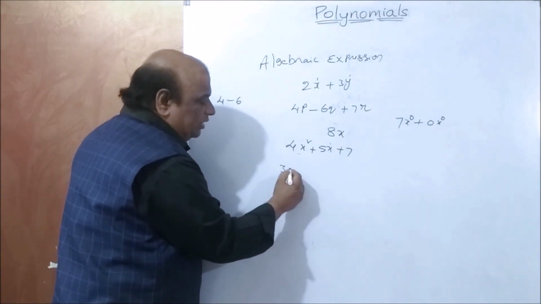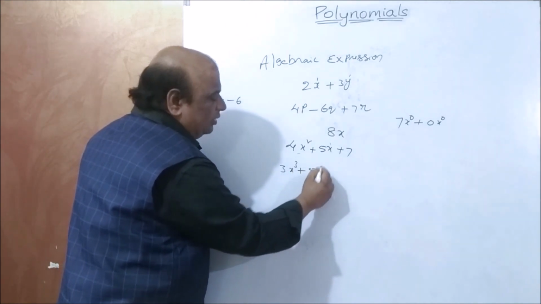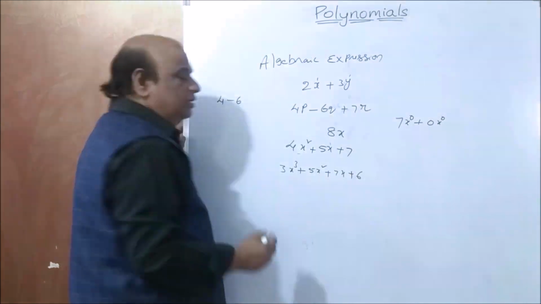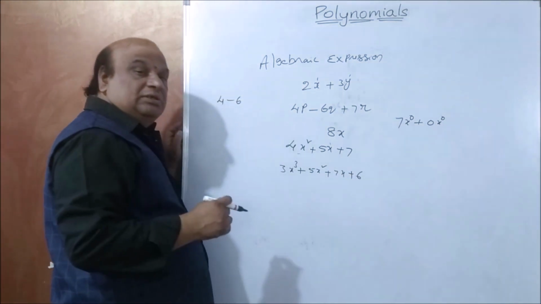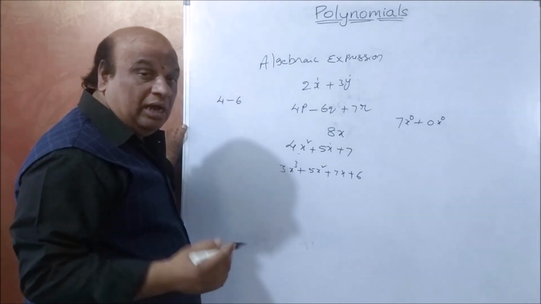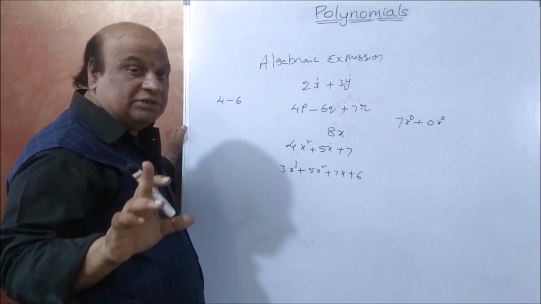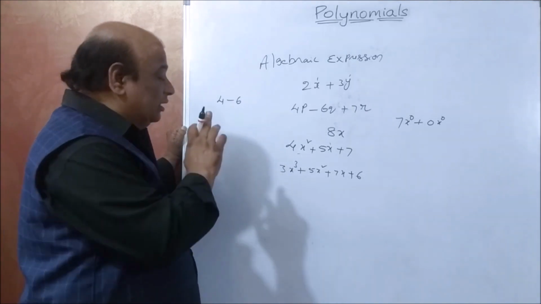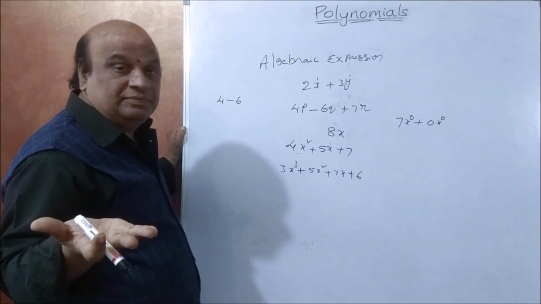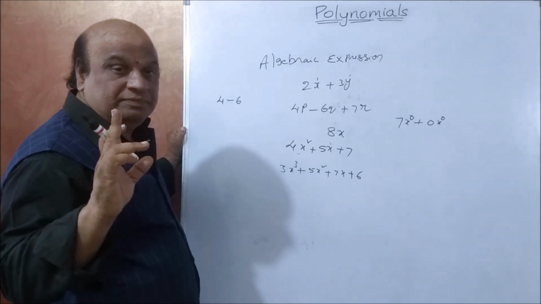Suppose you observe 3x cube plus 5x square plus 7x plus 6. What about this? It is a third degree algebraic expression, or third degree multinomial. Remember these terms.